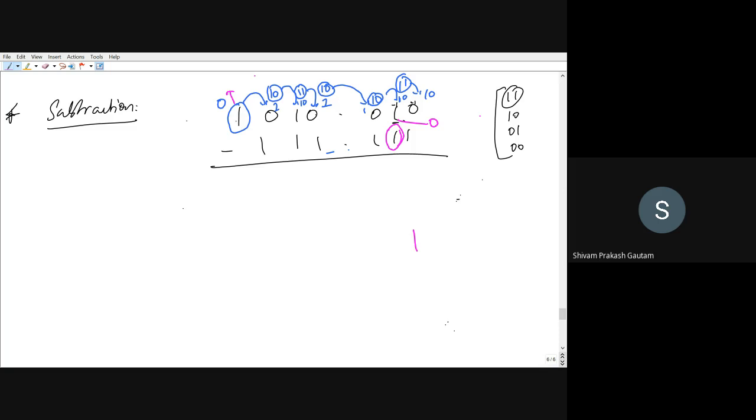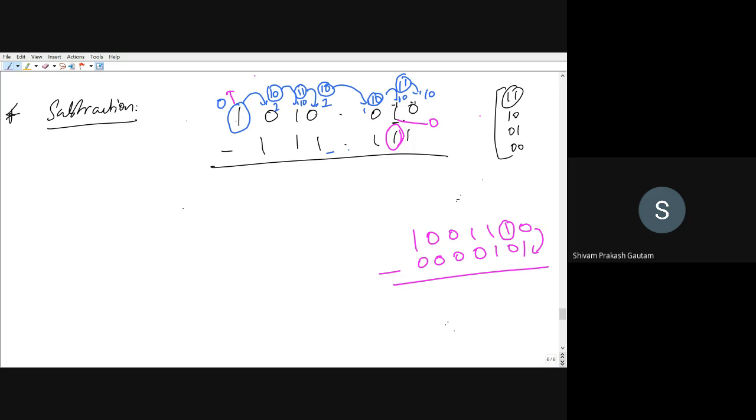Let us suppose we have, this is just me framing my own example. Let us suppose we have to subtract this. Now see, here you cannot minus it, but when I move to here, I have analyzed that we can borrow 1 from here, and it is again subtracted by 0, right?